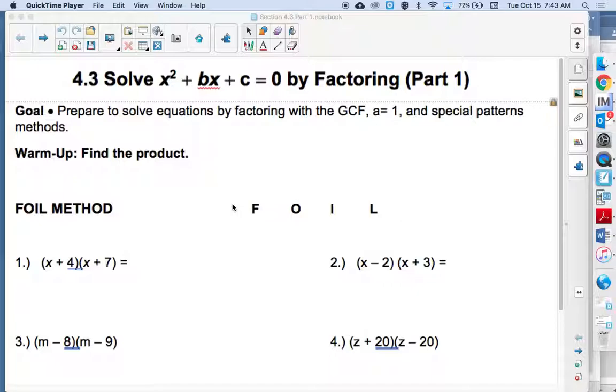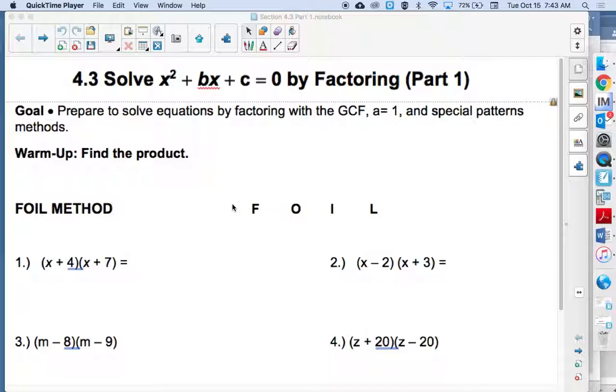See if you can remind yourself what FOIL means, and try and FOIL those 6 binomials together. Jack, do you remember what the FOIL acronym represents? First, outer, and it's a way to multiply.